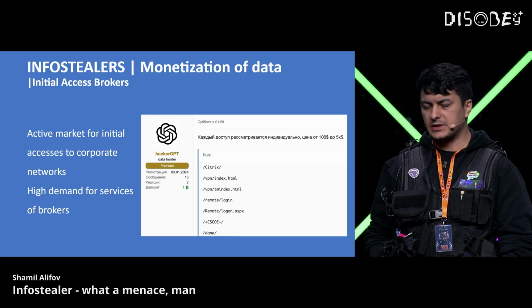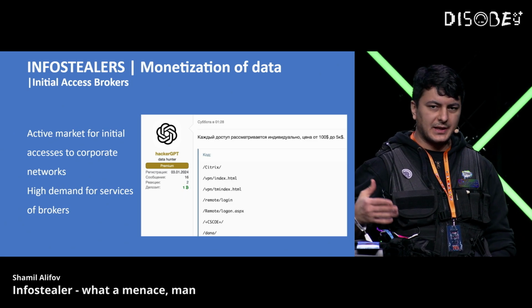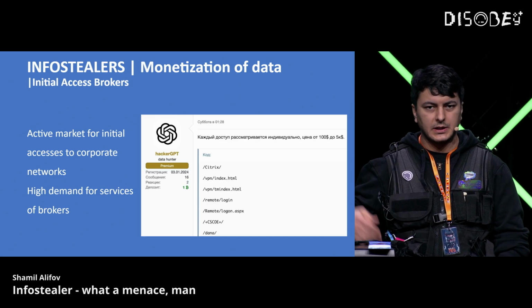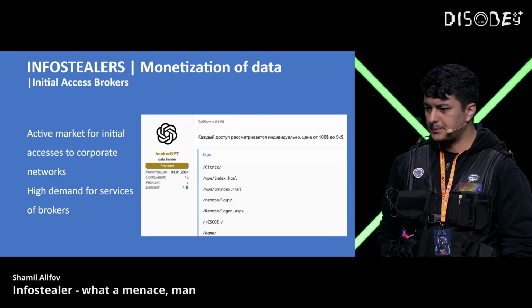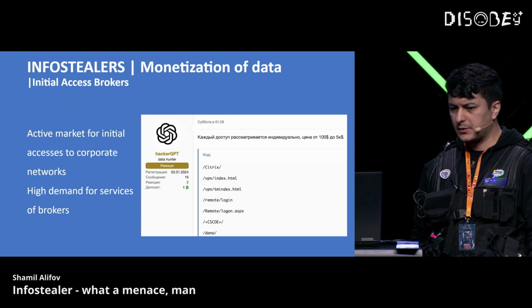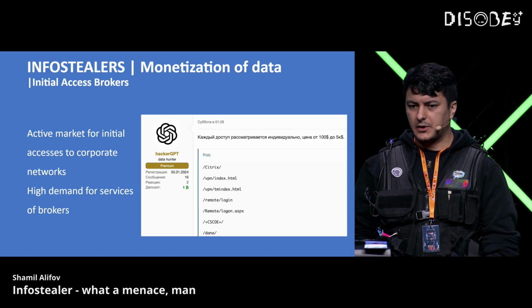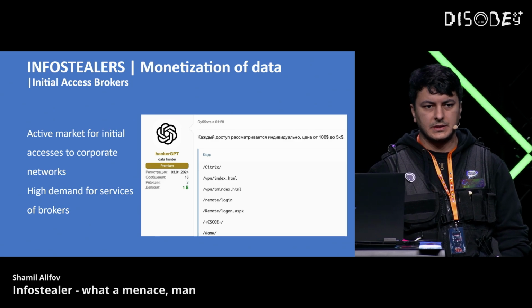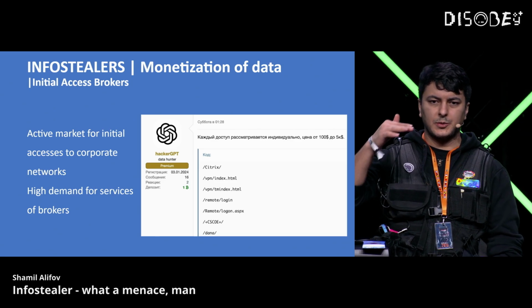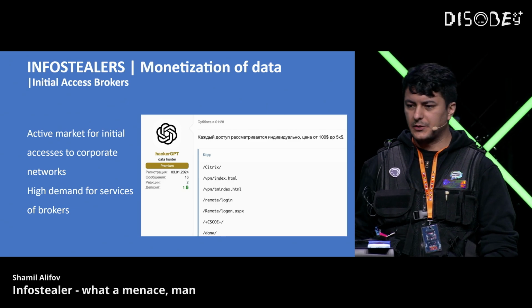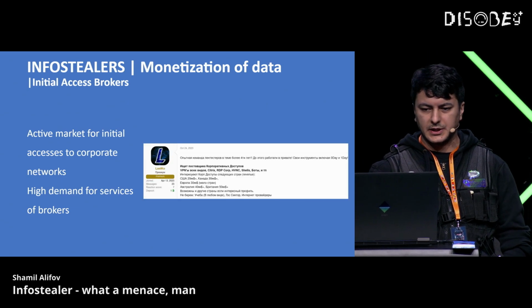And when it's proven that the company has good revenues, they can resell this access to the people who are buying. There's quite a high demand for this kind of service. If you go to forums, for example XSS, you would see in the commercial sections a lot of constant sales of access to different corporate networks.